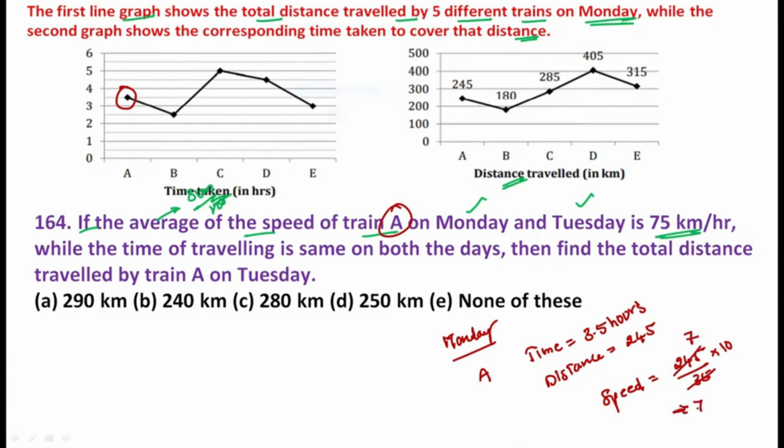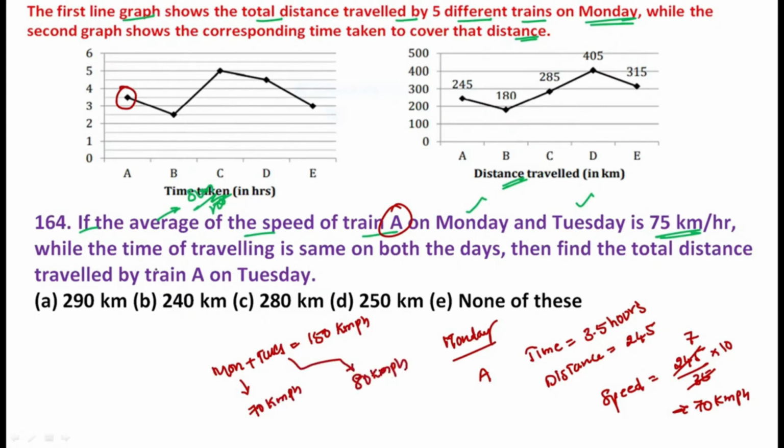Now you get the speed equal to 70 kilometers per hour. And the average speed of Monday and Tuesday means you multiply 75 into 2, equal to 150 kilometers per hour. As we already calculated, Monday speed is 70 kilometers per hour, and the Tuesday value is 150 minus 70, which is 80 kilometers per hour.